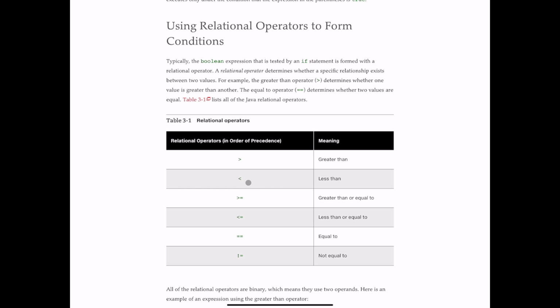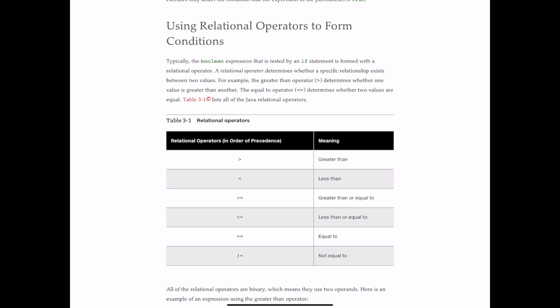Now, the issue with those two, the greater than and the less than, is as follows. If I say is greater than 50,000, is that going to include the number 50,000, or is it going to exclude the number 50,000? So think about that for just a second.